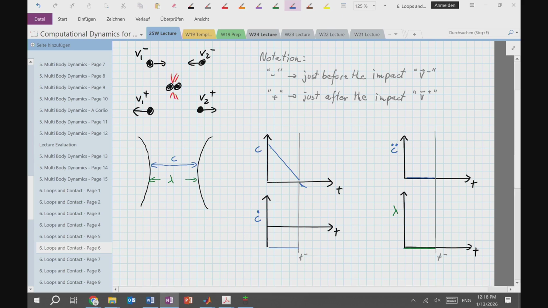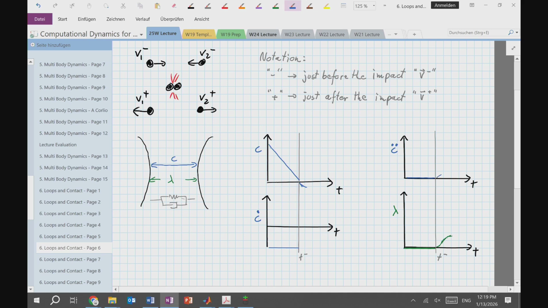So I get a compression here. And this compression essentially creates a deformation, and that deformation is a viscoelastic process. I can think of that as a spring damper element that creates a force that is proportional to the compression velocity and compression distance, which will mean that in this case I will get some contact force lambda.